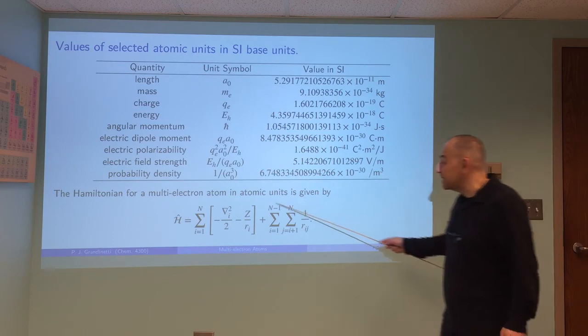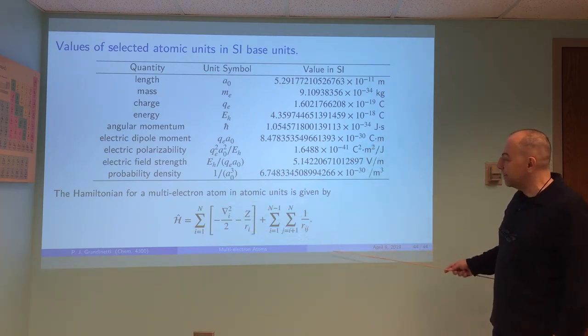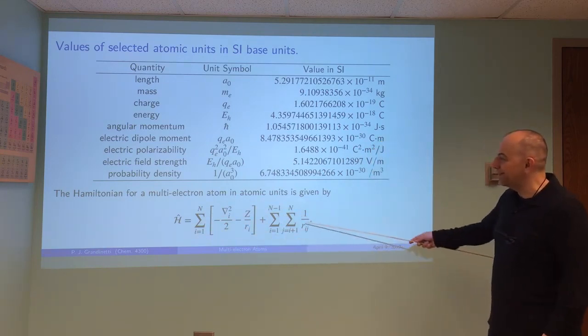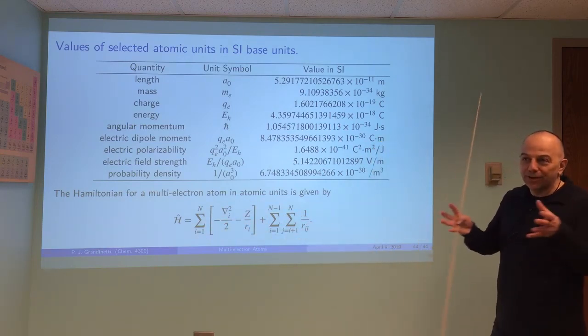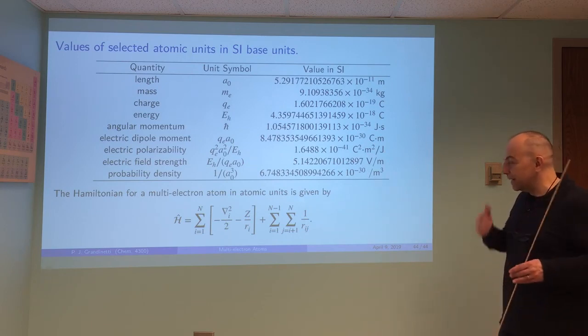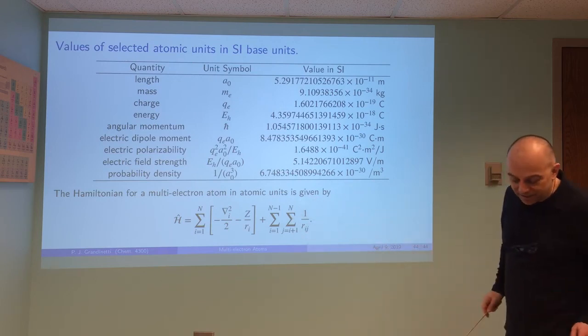But then the nice thing is, if you work in this dimensionless atomic units Hamiltonian, then the multi-electron atom looks like that. So it's much more concise, and you just get used to it, and you don't think about it anymore. And we'll pick up and use this for the last chapter.